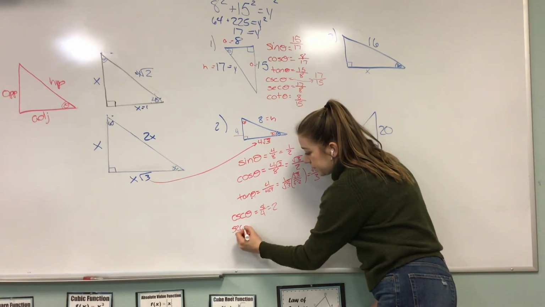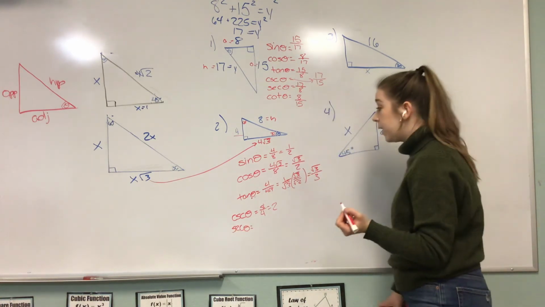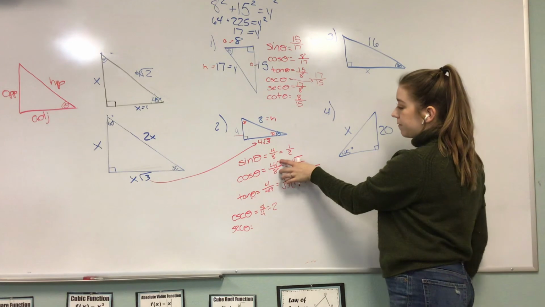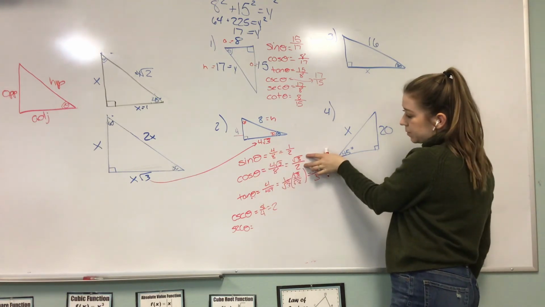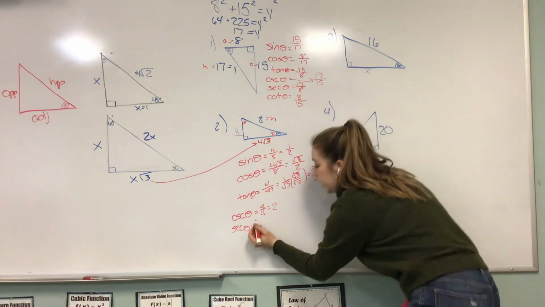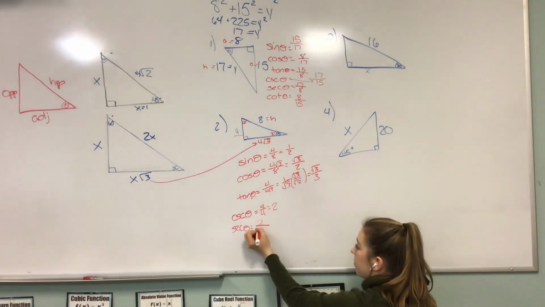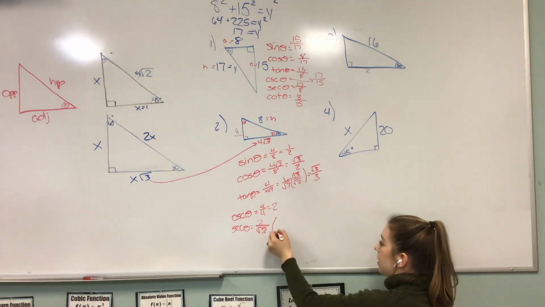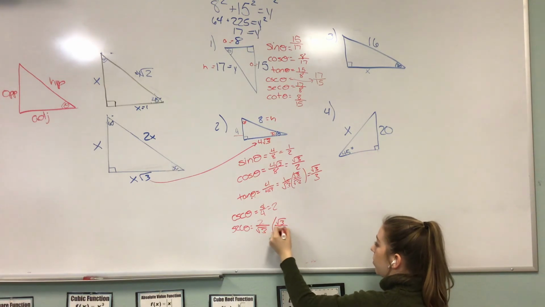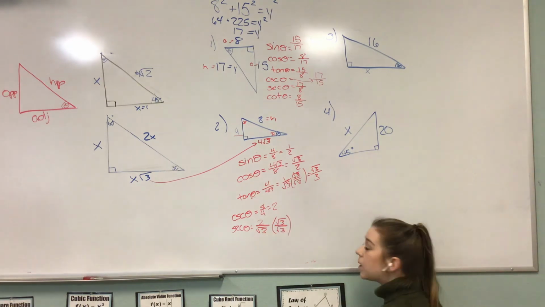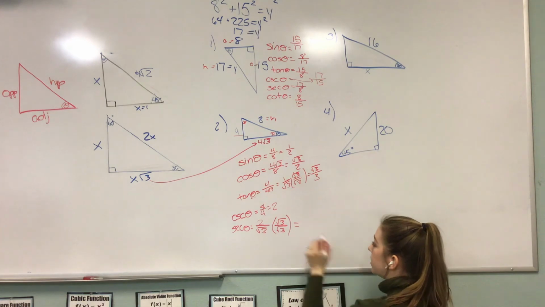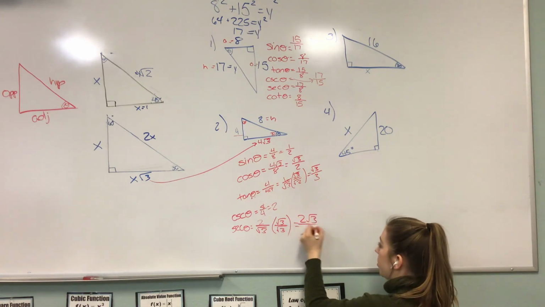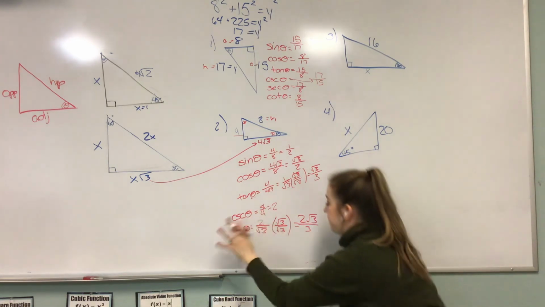Secant, I'm running out of room, sorry, is the reciprocal of cosine, so the reciprocal of root 3 over 2, which is 2 over root 3. When we rationalize, because we don't want that square root in the denominator, that is 2 root 3 over 3, and we are finished with that.